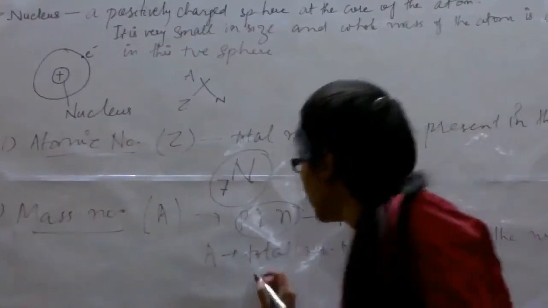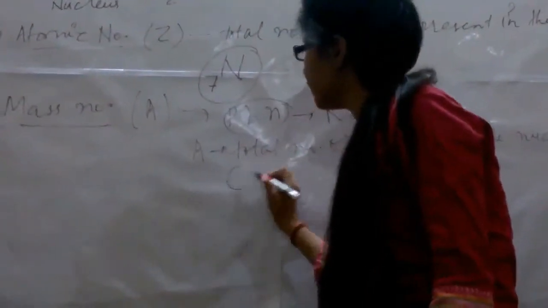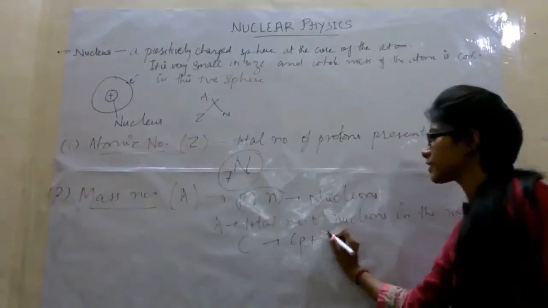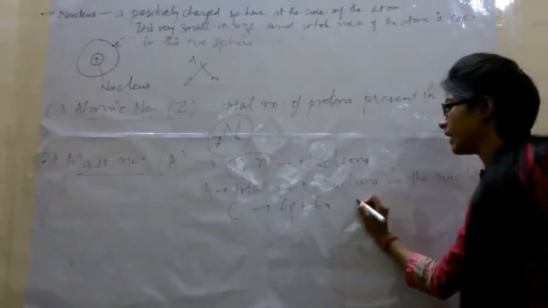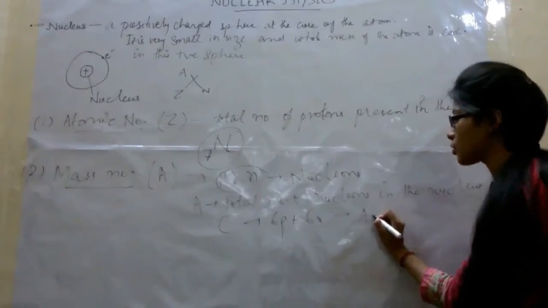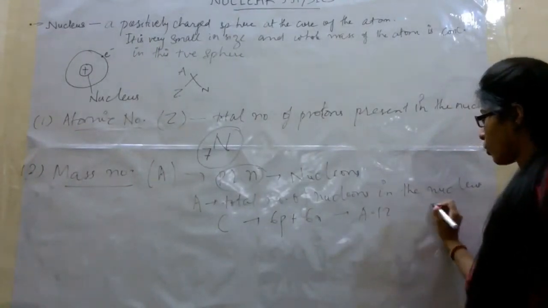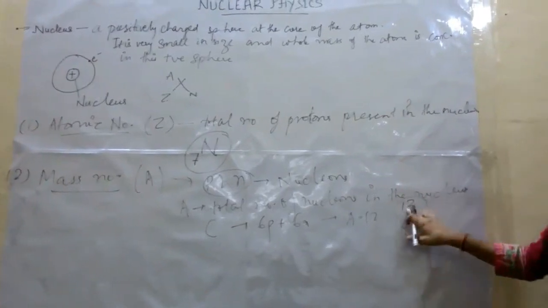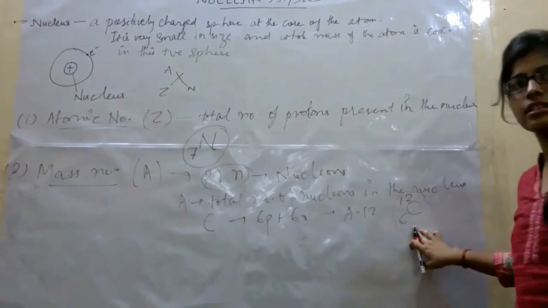For example, we have carbon. Carbon has 6 protons and 6 neutrons. Collectively, they give us A equal to 12. So we denote carbon as 12-6, where 12 is the mass number and 6 is the atomic number of carbon.